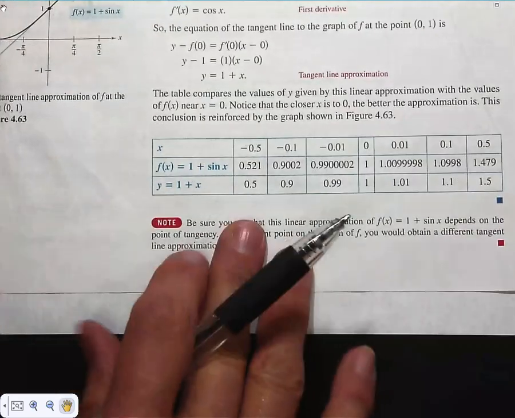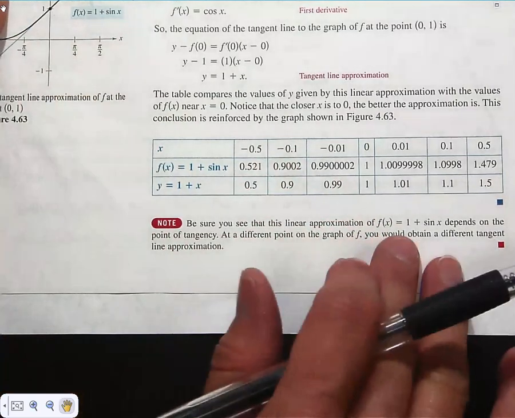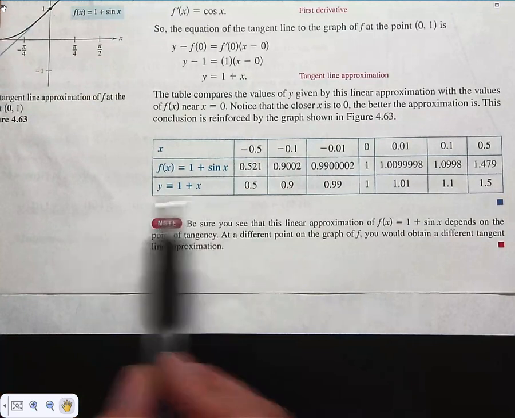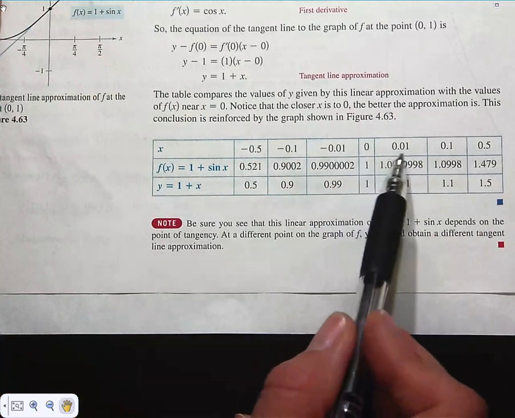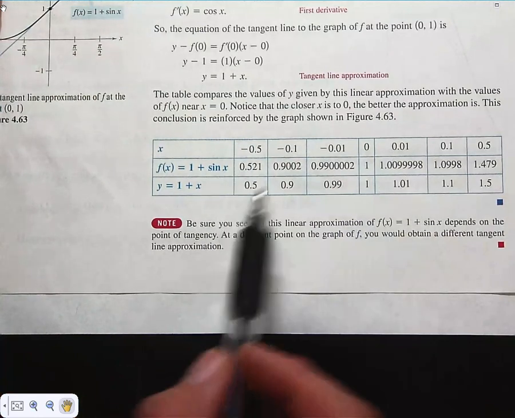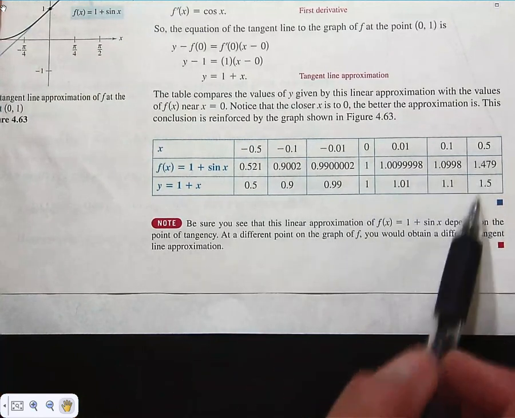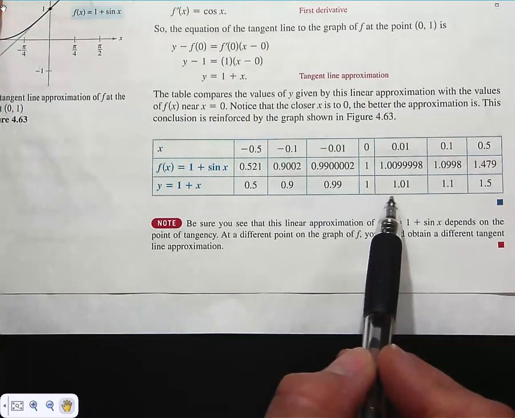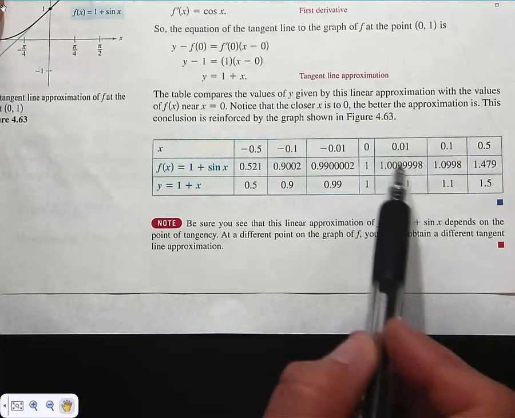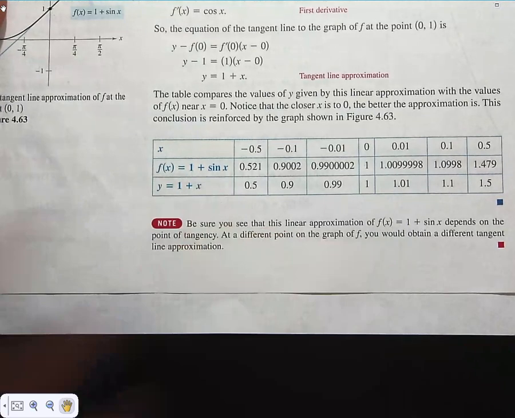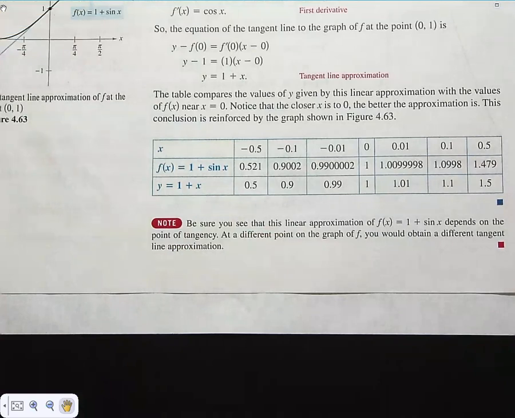To illustrate that numerically with this table, we could evaluate the function and the tangent line at points close to 0, and you can see the values are about the same. The closer you get to 0, the closer the function value is to the value of the tangent line.